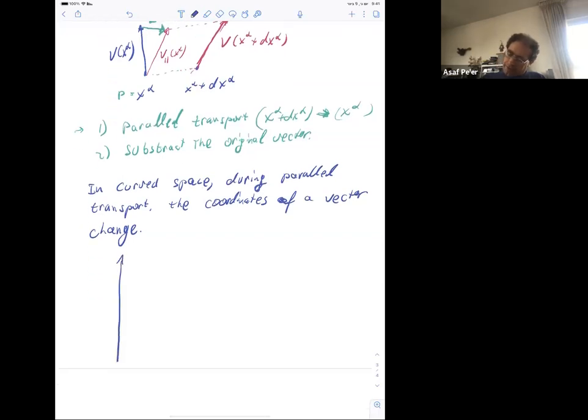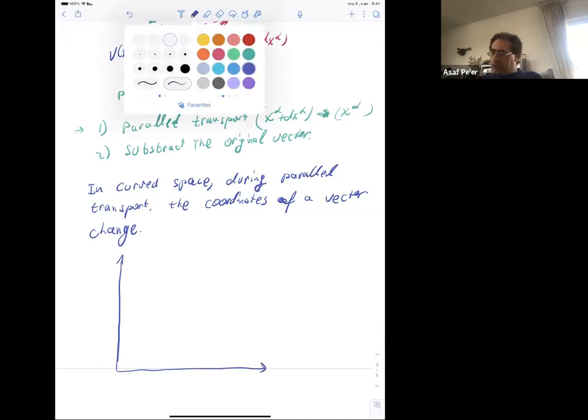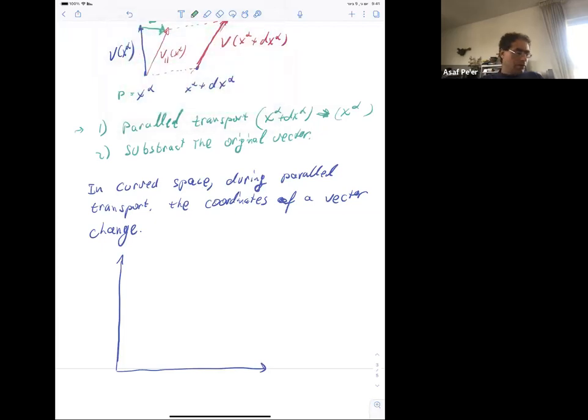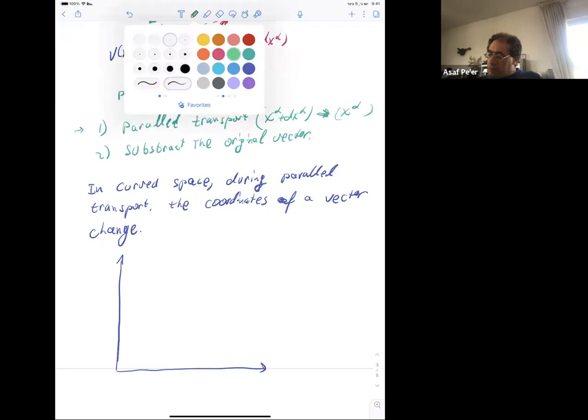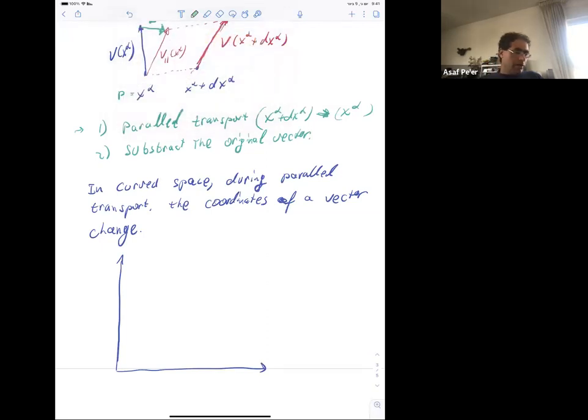I have a flat space, it's Euclidean space, but I draw spherical coordinates.